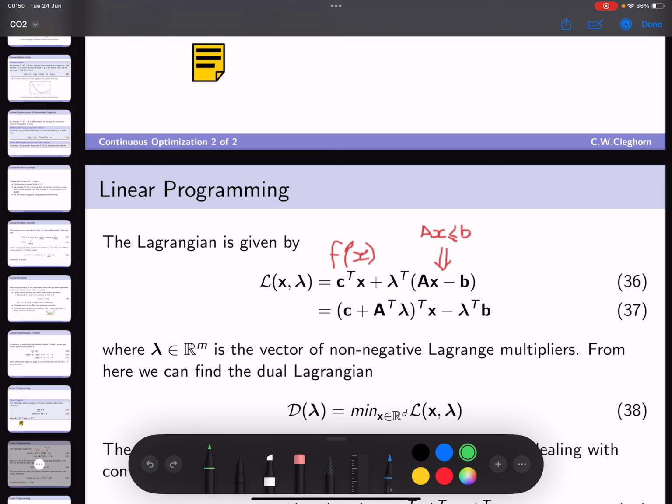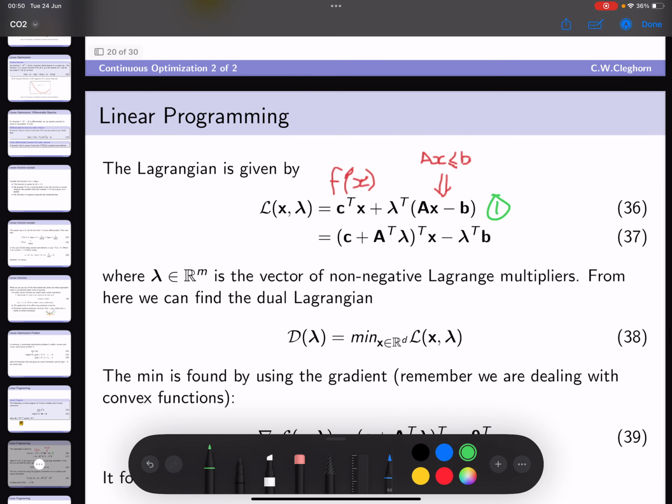Okay, so that's step one: write your Lagrangian. Step two, you can, if you want, simplify, and that's what they do in the slides here. They just FOIL this out using the linearity of the dot product, and then group the terms around x. The reason being is we're now going to differentiate with respect to x.